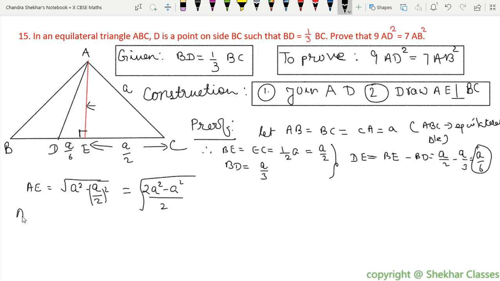So we'll get AE is equal to A square by 2 under root. So we can say it is A by root 2. So we have got this one. Let's find AD, because they want AD in this case. See, they want AD. So let us calculate AD in this case, right?